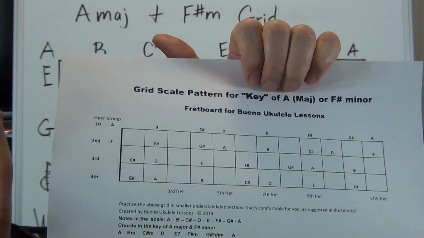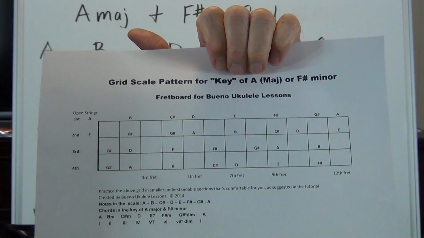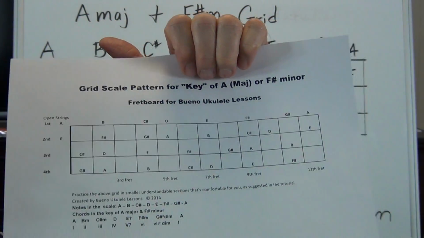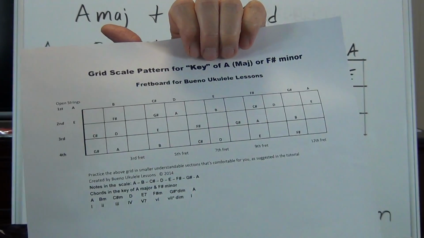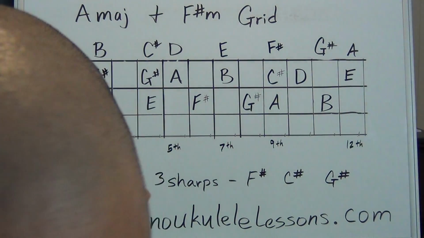It's going to sound good. It's just going to match. So you really want to understand these two right here. If not, go back to the first tutorial in the series on A major, take some good notes on that lecture and come on back, because it's very important that you understand that.